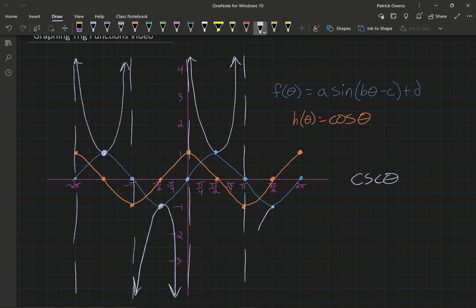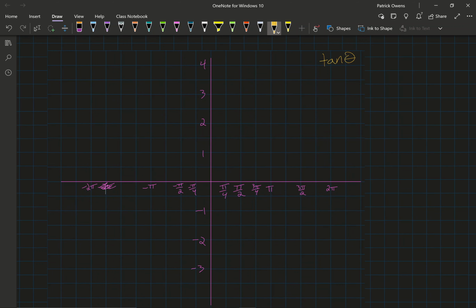So tangent of theta is going to be a series of cubic-looking functions with asymptotes. So if you can graph a cubic function, you can graph tangent. And I know that that is not the most professional-looking tangent, but I did not go to school for art.